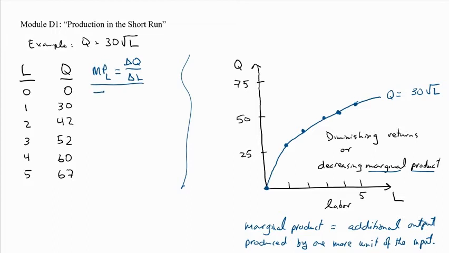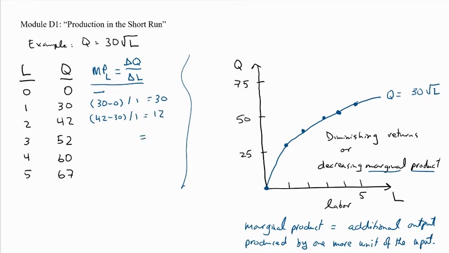We don't start until we have 1 unit of labor, so that we have a change between 30 minus 0, our initial 30 units of output, divided by 1 unit of labor, which we have added. So that gives us 30 for our marginal product. The marginal product of the second unit of labor would be the additional 12 units of output we get, 42 minus 30, divided by 1 unit of labor. So that will be 12.